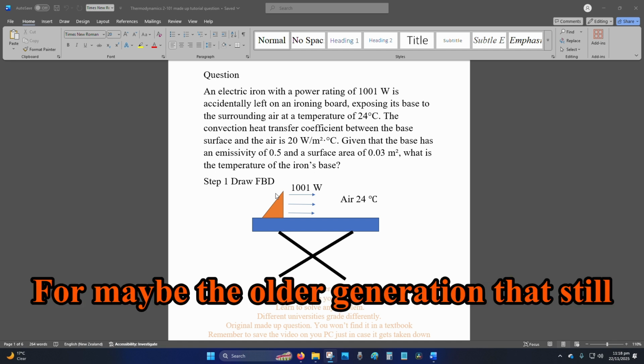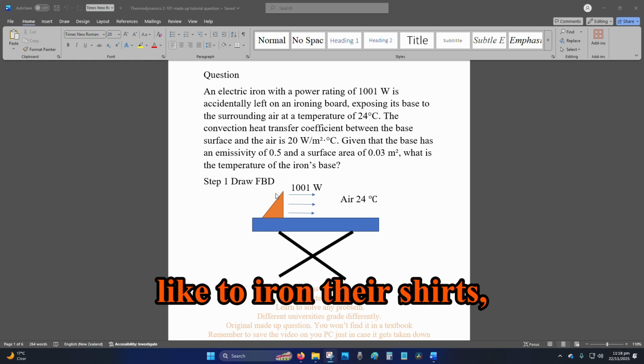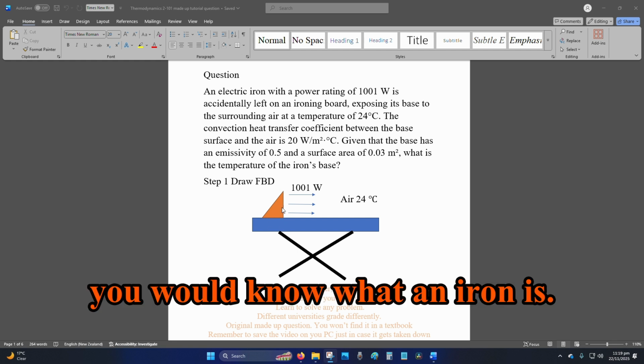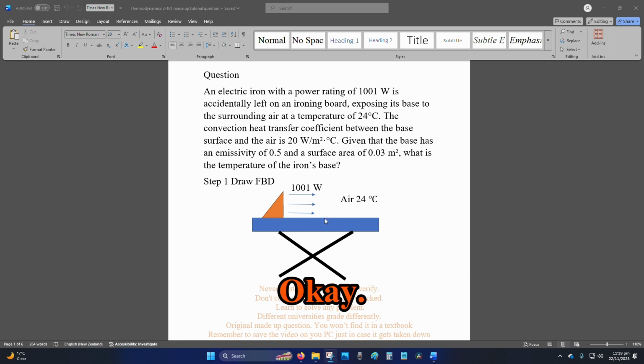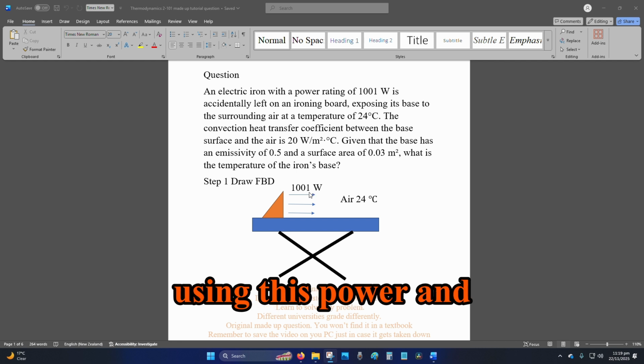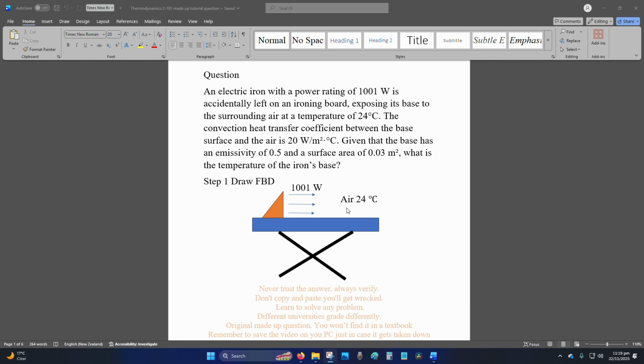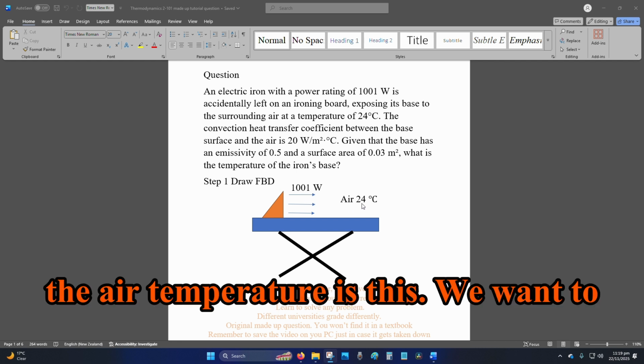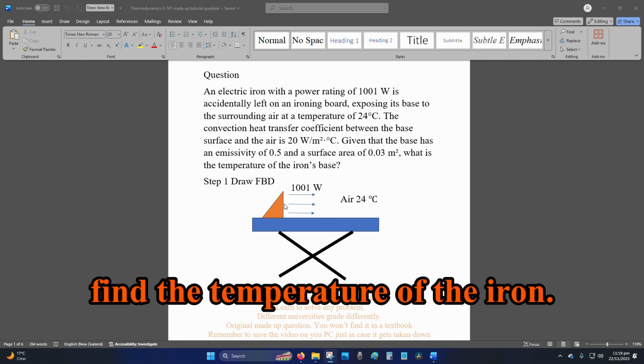Maybe the older generation that still like to iron their shirts would know what an iron is. Okay. So it's producing this power, it's using this power, and the air temperature is this. We want to find the temperature of the iron.